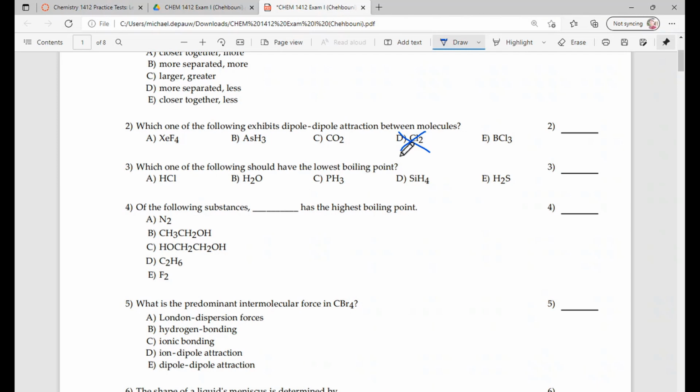Now, the rest of these you're probably going to have to do Lewis structures for. For BCl3, boron is an exception to the octet rule. I'm going to go through this. BCl3, how many valence electrons does boron have?